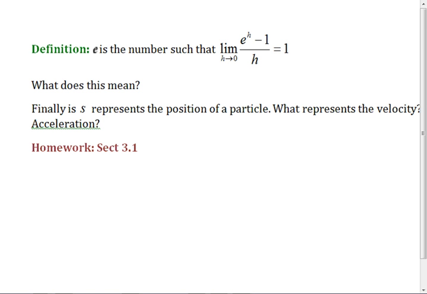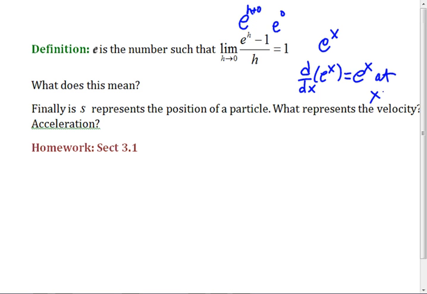At 0. Because this is e to the h plus 0, so this is e to the 0. This is why you look at this and say, oh, that's e to the x. And the derivative of e to the x is e to the x, at x equals 0, which is just 1.